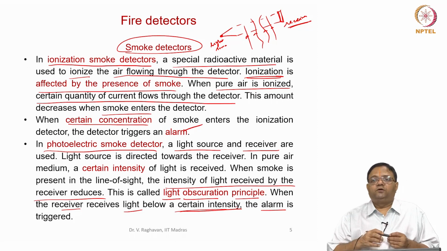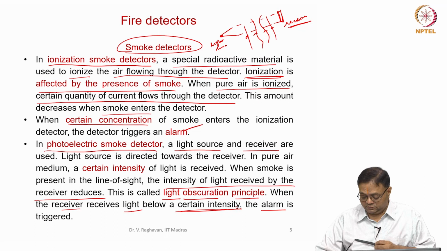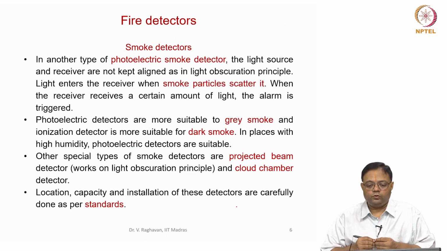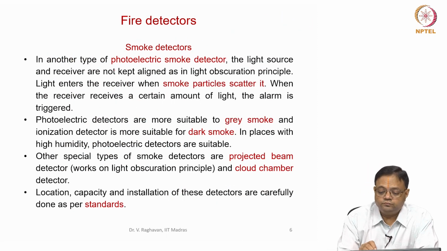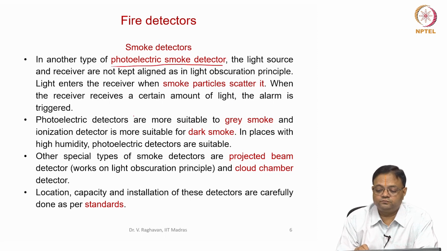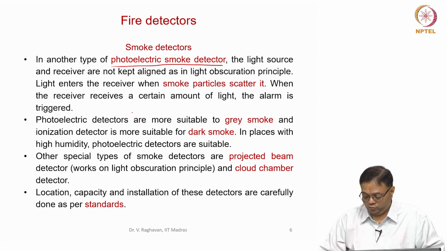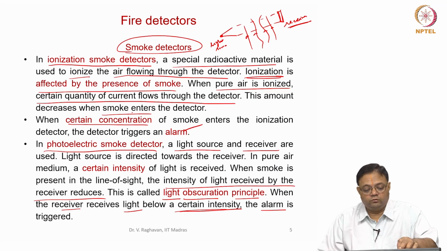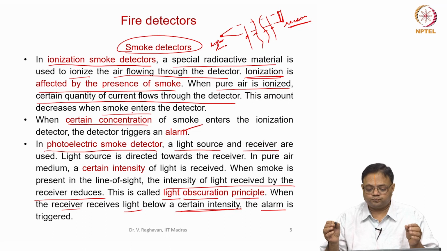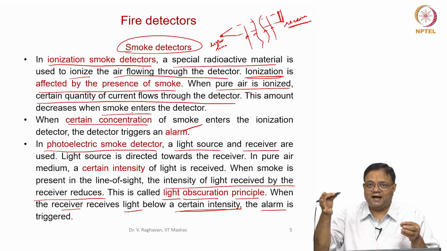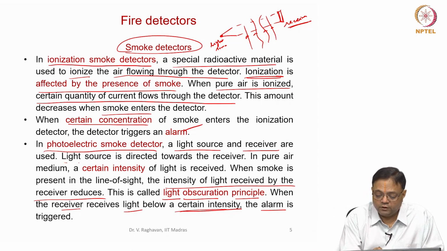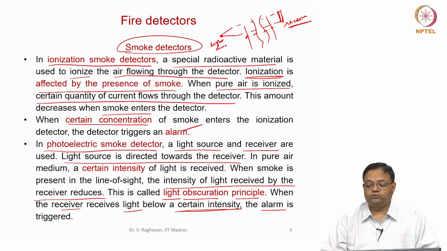Smoke detectors are much faster than the light detectors. Now, another type: the photoelectric smoke detector. In this photoelectric smoke detector, you can see that there is a light source exactly directed towards the receiver, like what we have shown.